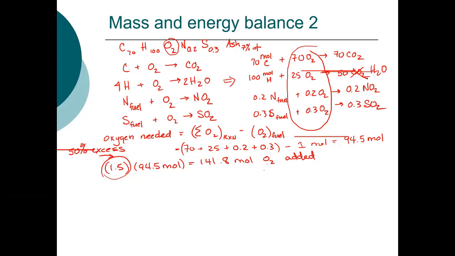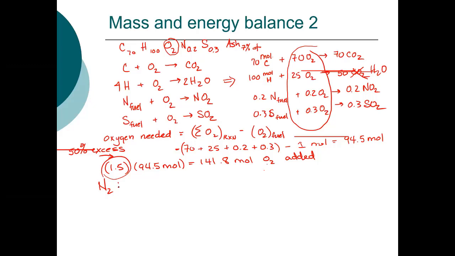Now we need to calculate the amount of nitrogen. So in order to calculate the amount of nitrogen, how do we do that? So we needed roughly 142 moles of oxygen. How can I calculate how much nitrogen is in that air? Is it from the ratio of oxygen to nitrogen?